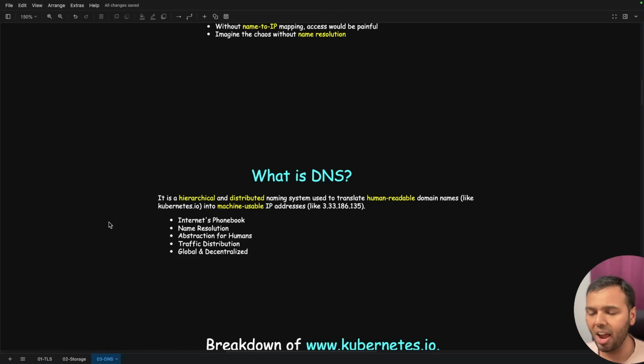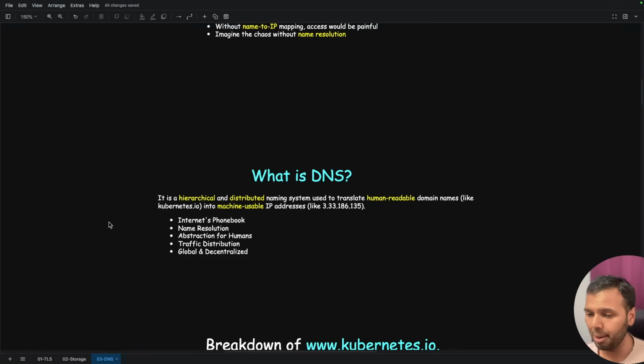For example, if I want to access facebook.com, then my computer will reach out to the DNS system to fetch the IP address of facebook.com, and once that IP is with my system, then my system can access facebook.com. Under the hood, the IP address is being used, but for us humans, it is just facebook.com.